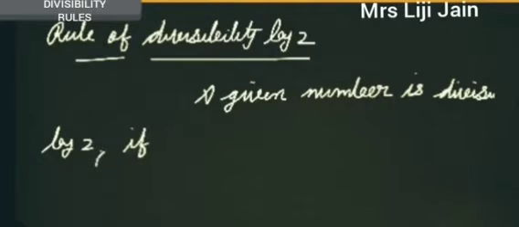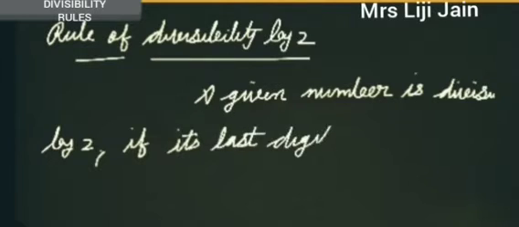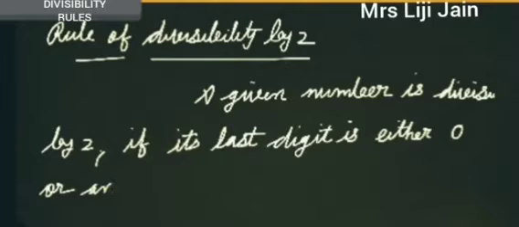If its last digit is either 0 or an even number, isn't it?